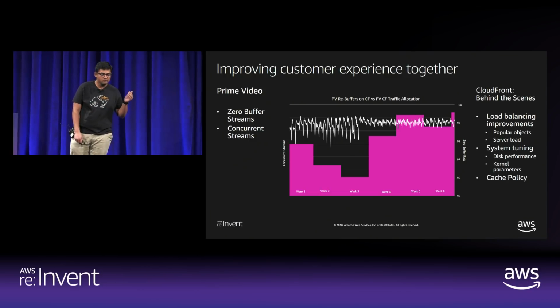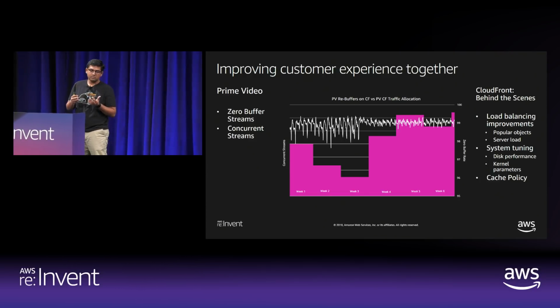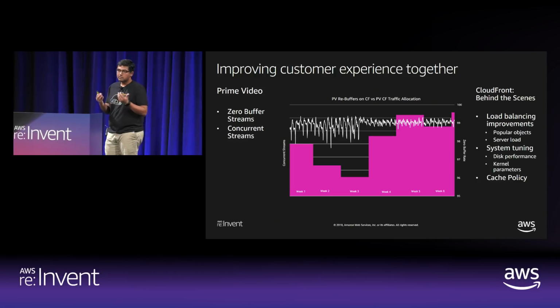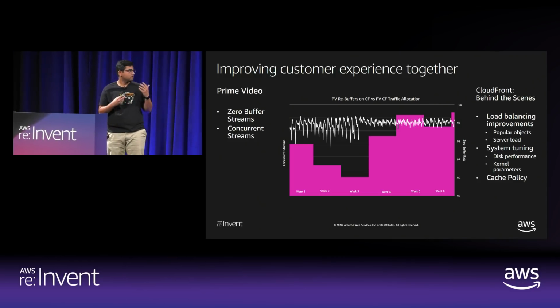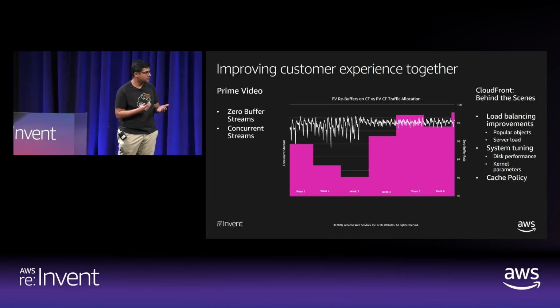So what we found out behind the scenes was, in many cases, we were being quite cautious about handling popular objects or dealing with any hotspots in terms of server load. And over time, we had increased performance of the different servers, using system tuning parameters or improving our caching policies.